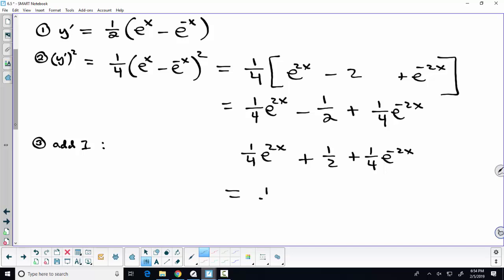So this is 1/2 e to the x plus 1/2 e to the negative x, squared. Or if we looked at it this way, 1/4 times that quantity squared. So just like in that last example, difference of squares added 1, now it's the sum of squares. So it's kind of like the same pattern repeats, even though the functions look different.